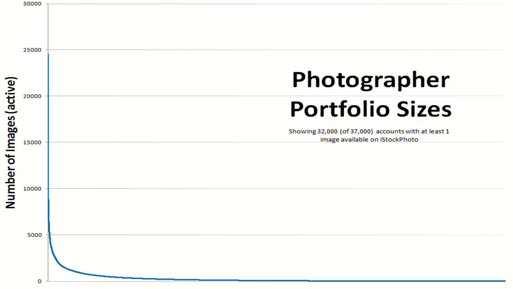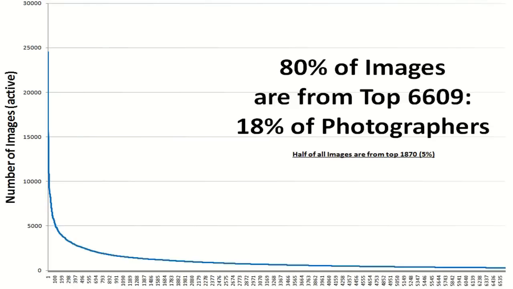You can see most of the images are located in the first 20 or so percent. When you break this down to the raw numbers, you find that 80% of iStock's images are from their top 6,600 photographers. That's 18% of photographers providing 80% of the images, and half of all their images are from only 5% of photographers.